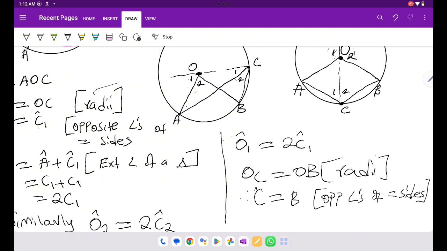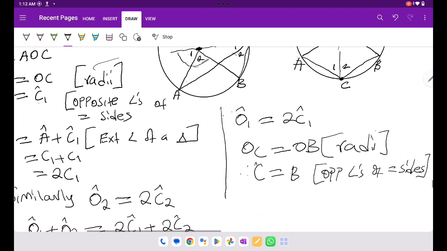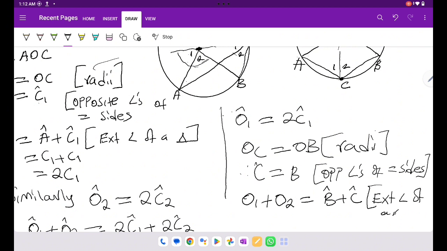Now, if angle C equals angle B, we can come to the exterior angle. If we check, O1 and O2 are forming an exterior angle of this triangle OBC. So we can simply say that O1 plus O2 equals angle B plus angle C. This is an exterior angle of a triangle.